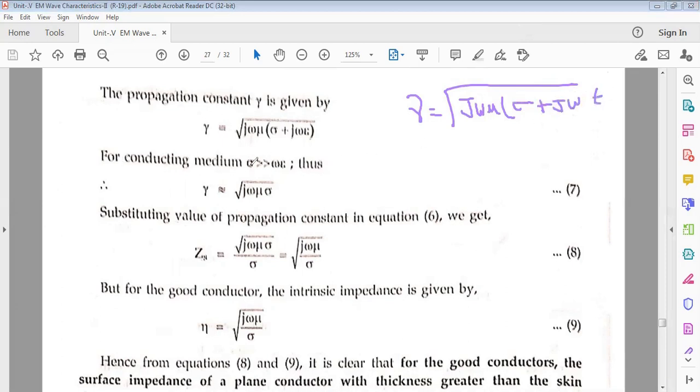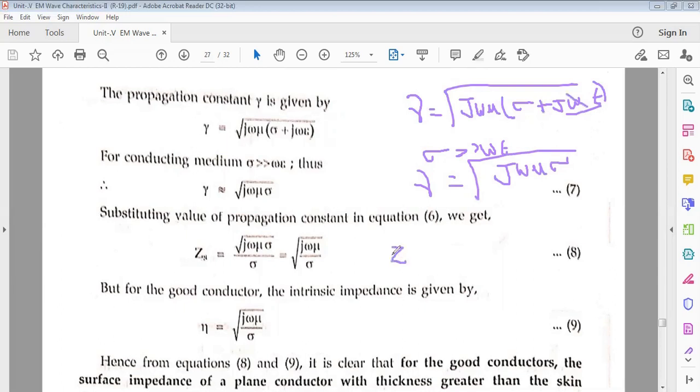In a conductive medium, sigma is very much greater than omega epsilon, because the conductivity is more compared to the dielectric. The gamma is equal to the square root of j omega mu sigma only.